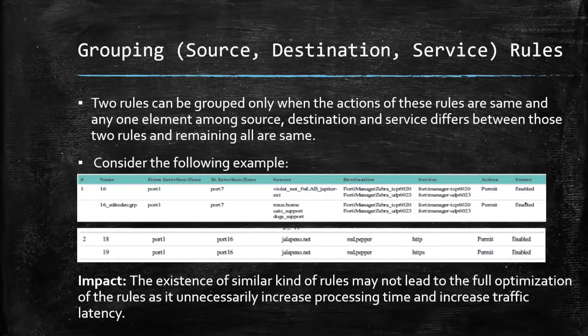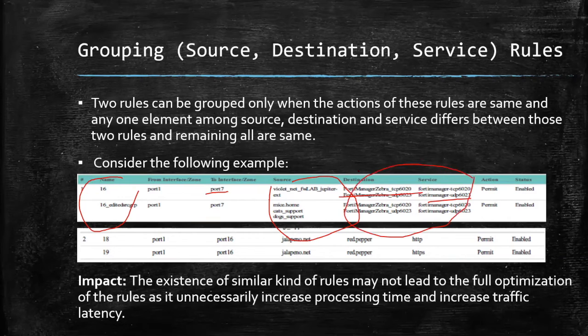Now, grouping. There are some rules defined in the firewalls where, if you see in this example, the source is a little bit different, but the destination and service are all the same.